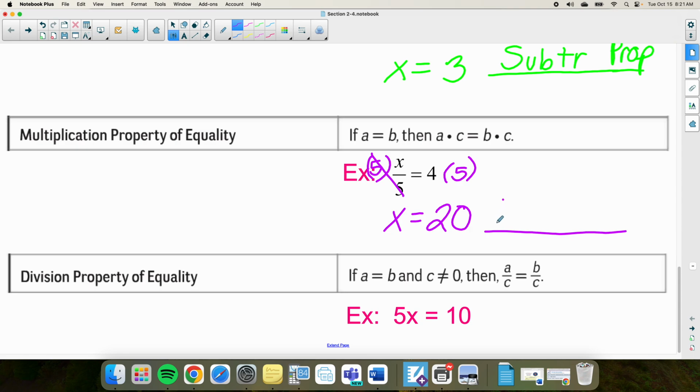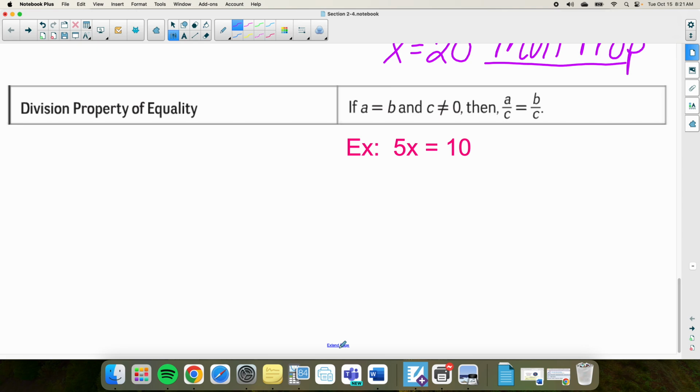So this would be multiplication, which I just do MULT, and then prop. Then if I go down here, I need to do division, because to solve this, I'm going to divide by 5 on both sides and get x equals 2. And then I do div prop for division property.